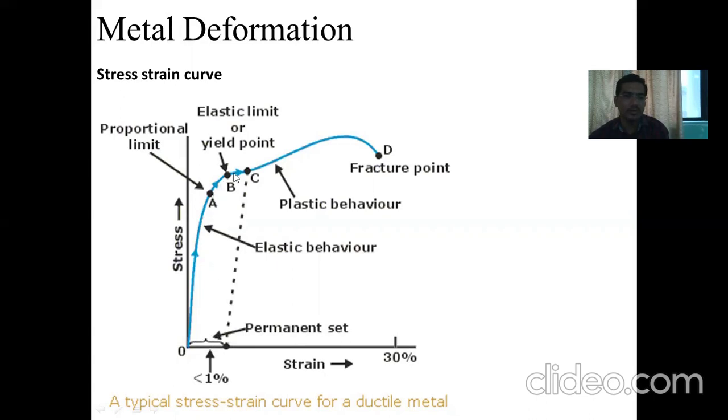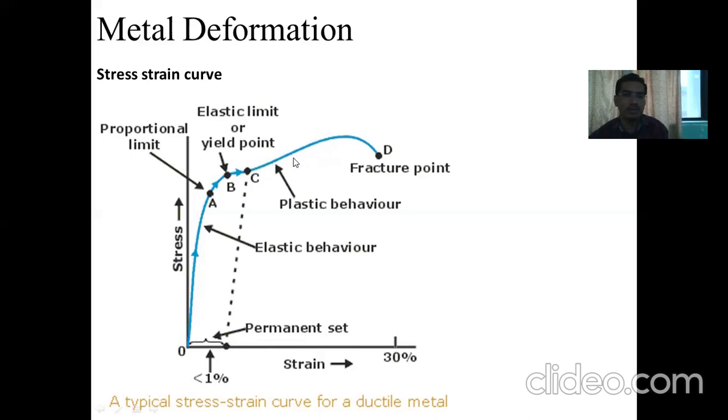Between regions A, B, and C, the deformation is there. That is the yield region, and beyond point C, as the load or stress increases, there is an increase in the strain value. That means a larger amount of deformation in the material.